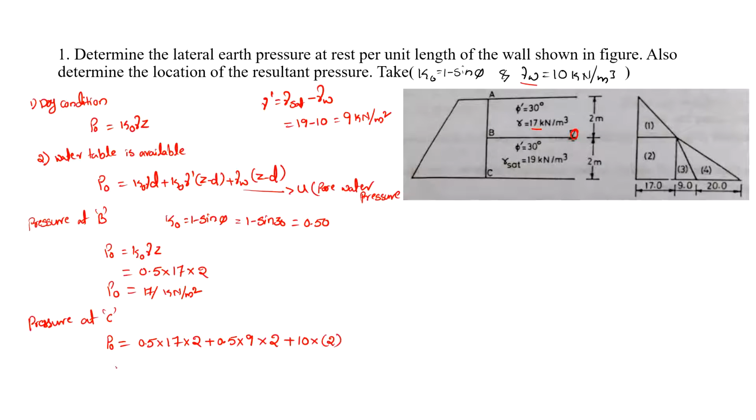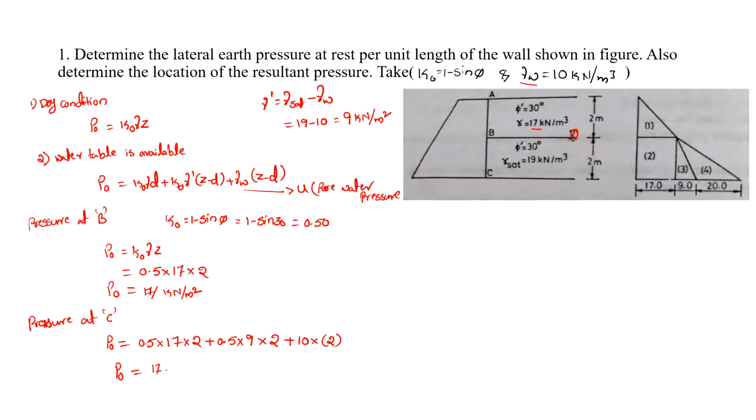So the entire horizontal pressure at point C is 17 plus 9 plus 20. The first term is 17, the second term is 9, and the next is 20.